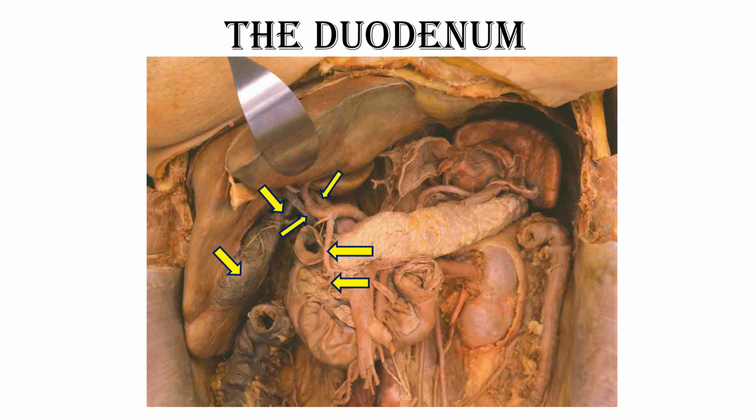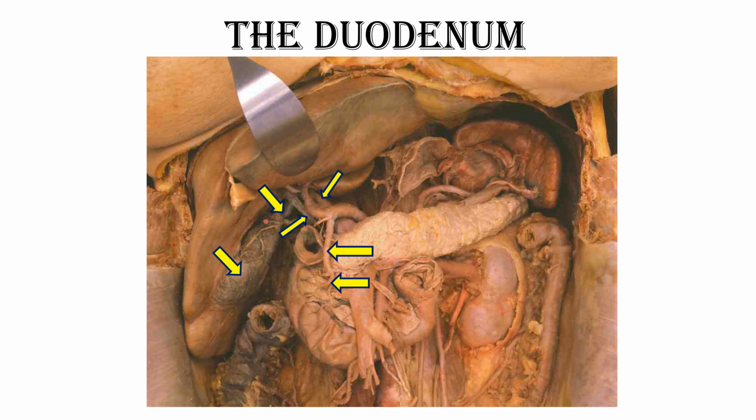As for the second inch, it's a fixed part like the rest of the duodenum. It is covered only by peritoneum from the front and the sides. Its relation superiorly is to the neck of the gallbladder. Inferiorly will be the head of the pancreas, that is the head of pancreas over here.